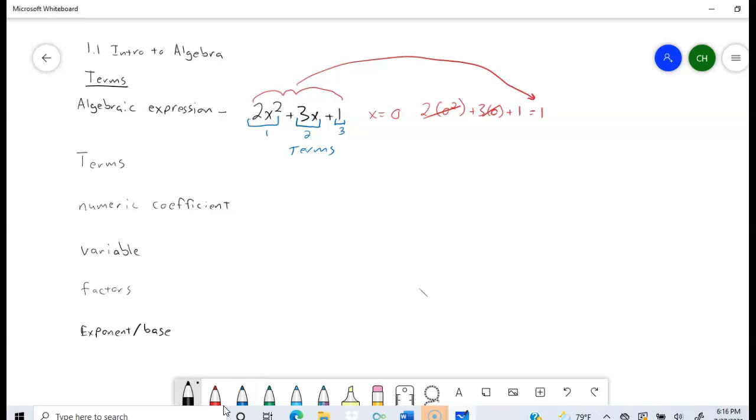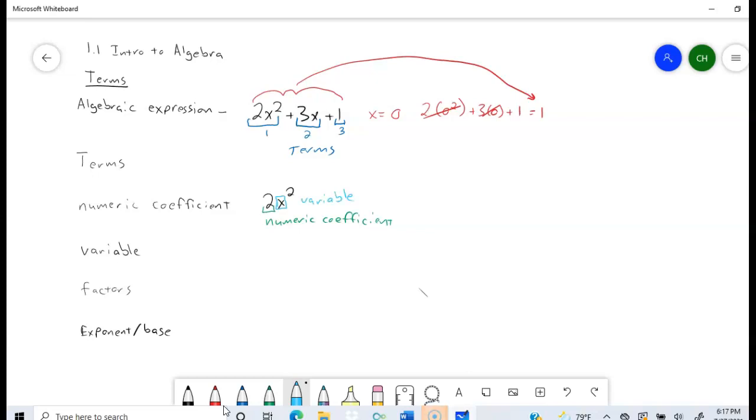We can break that down a little bit further. In the first term of 2x squared, we have the 2 is a numeric coefficient. And you will probably hear me call it a coefficient more than anything. I'm not going to say numeric coefficient every time. It'll mostly just be coefficient. Then your x is your variable.